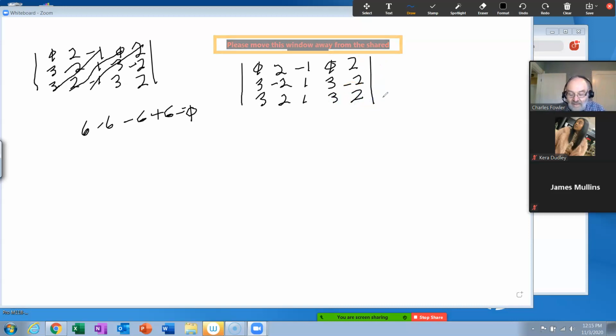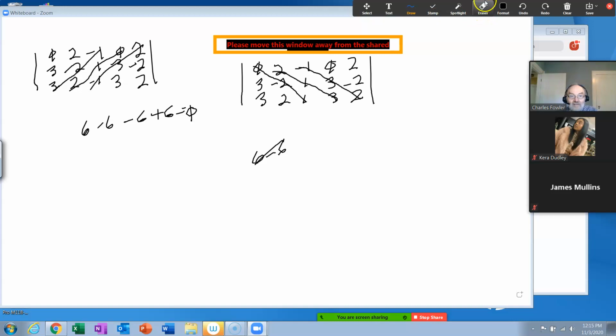Again, that one's going to be a 0, that one's going to be a 6, and this is going to be a -6. That's still 0.